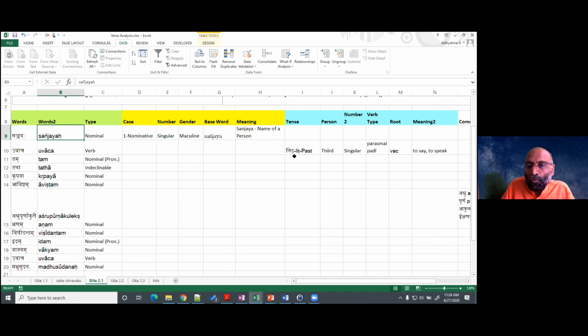So Sanjaya spoke because it is the past tense and it's a singular. Parasmaipadi or atmanepadi does not change the meaning. It is just to indicate how the form has come about. So literally Sanjaya uvacha would mean Sanjaya spoke, because it's a past tense verb. So it's simple. When you can break the words, and you understand that the sentence includes one verb form, it becomes easier to understand the meaning of the sentence.